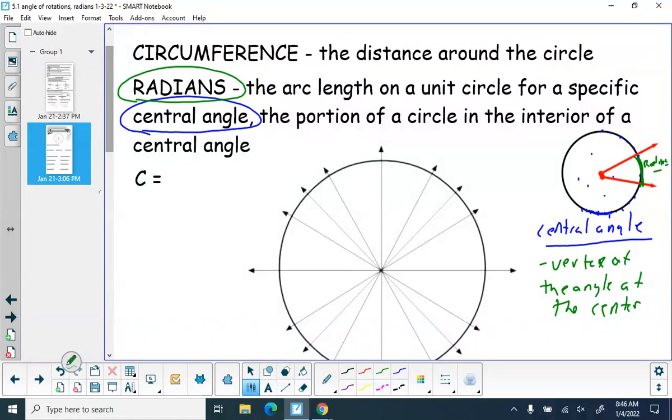Pi times the diameter. That is correct. You have pi times the diameter or 2 pi r, because if I take 2 times the radius, we get the diameter. So you have pi times the diameter or 2 times pi times the radius, 2 pi r.